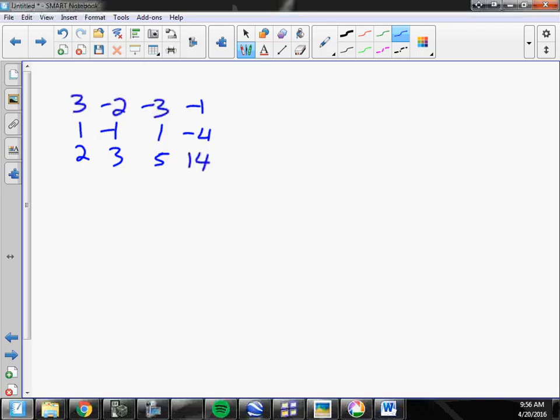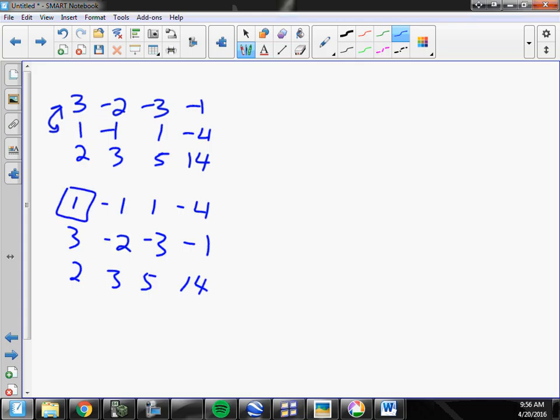What should we do to start? Switch the first and second. So 1, negative 1, 1, negative 4, 3, negative 2, negative 3, negative 1, 2, 3, 5, and 14. Now, I have my first one in place. I need to use it to clear out the numbers underneath it.